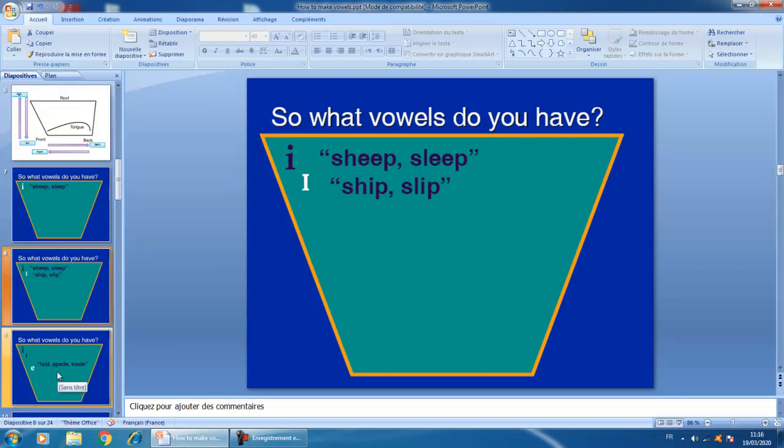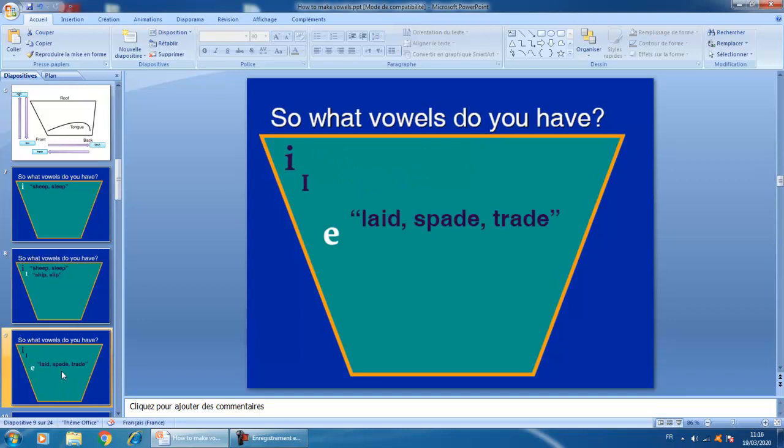Okay. Now, we have another vowel that we pronounce according to the book you are required to read. It's A, laid, spade, trade. This one is not high and it's not low or open, but it is in between. It's a mid vowel.